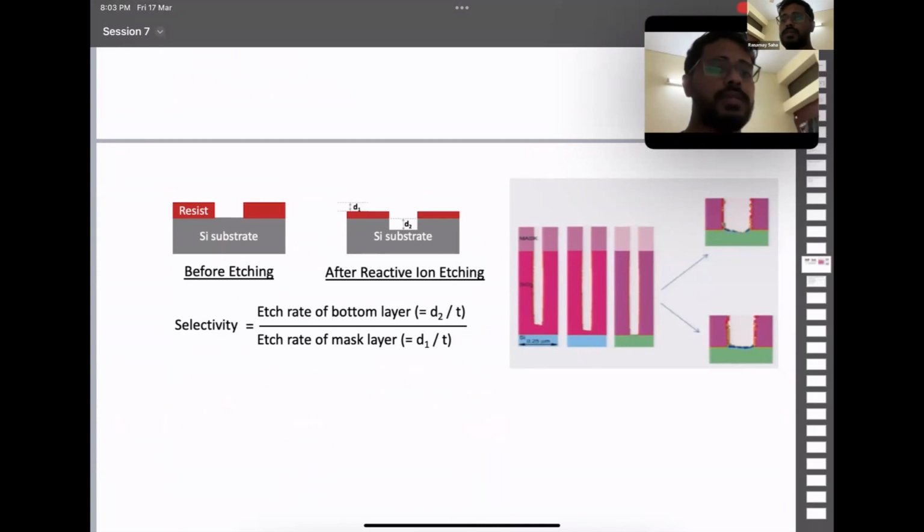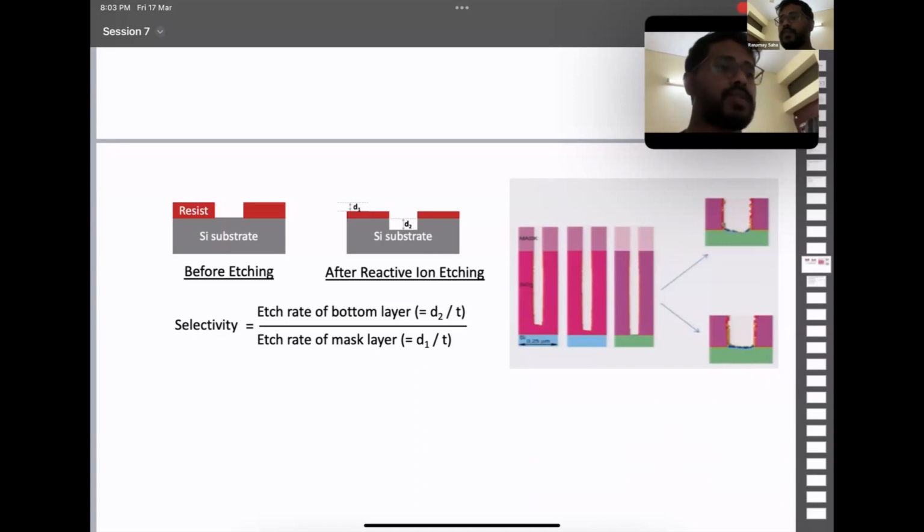In the right hand figure on the display screen, where the top arrow is shown, you can see the etching is more. In the other case, the etching is less on the bottom surface, the substrate surface. So the top one is low etch selectivity, and the bottom one stands for high etch selectivity.